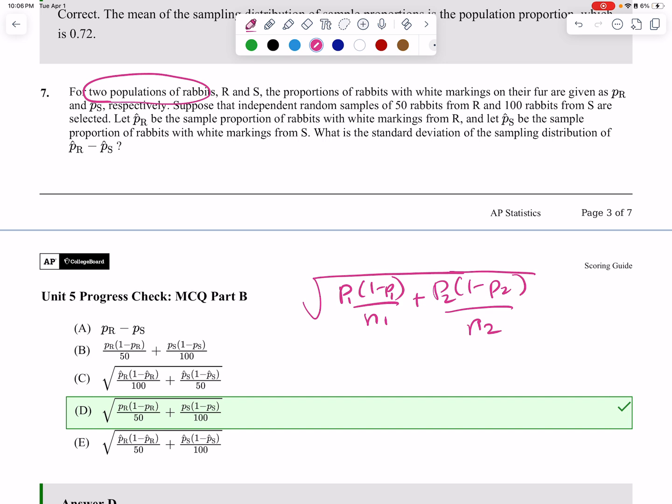So if you look at it and see this one has 50 and this has 100, that one's definitely wrong. This one looks similar to this one. And this one is not right, because see, it's P, this is P hat. So this is not right and this is not right. I didn't even have to read the question, and I knew this had to be it, just based on the formulas themselves. And remember, this is on your formula chart, so look on the back and find it on your formula chart for the 2 sample T.